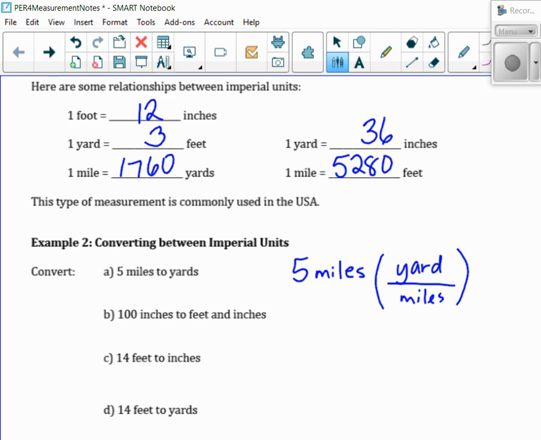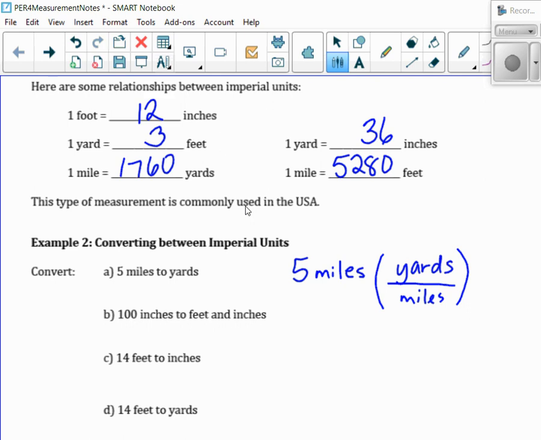Because the miles will cancel, and whatever I have left is your yards. So I can't just put yards and miles there. I go to my handy dandy formula sheet and look for the measurement for miles and yards. It says there, 1 mile is 1,760 yards.